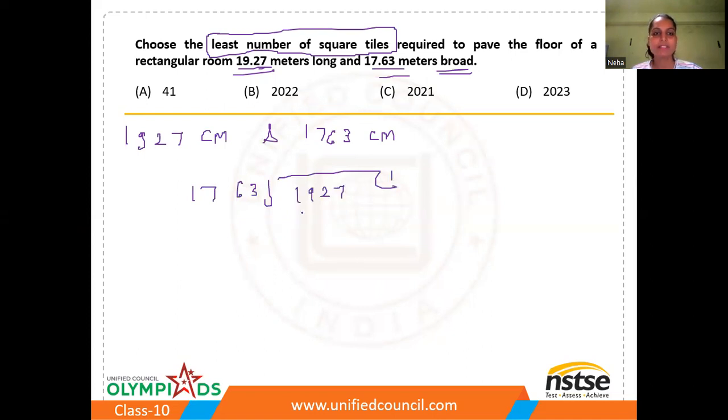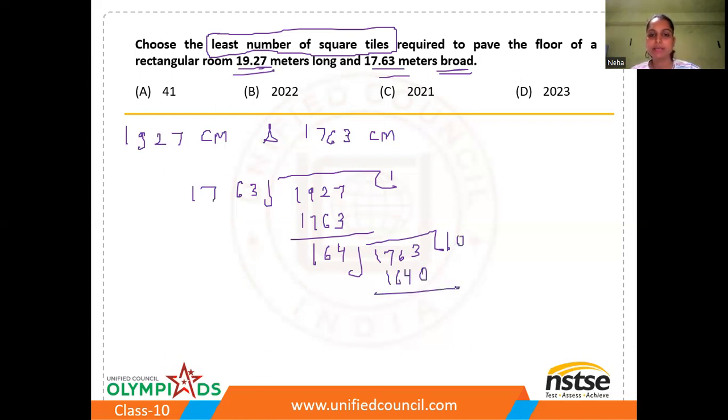So 1 time this is 1763. Now I can subtract the numbers. So it becomes 4, this becomes 6 and this becomes 1. Again 1763. This is the process.